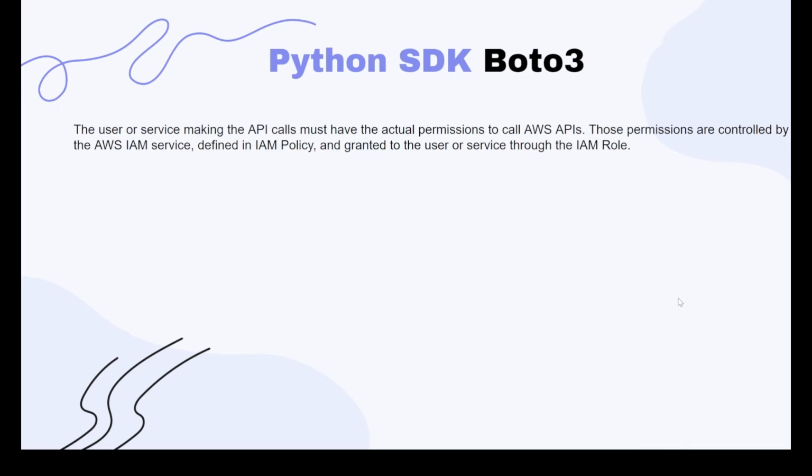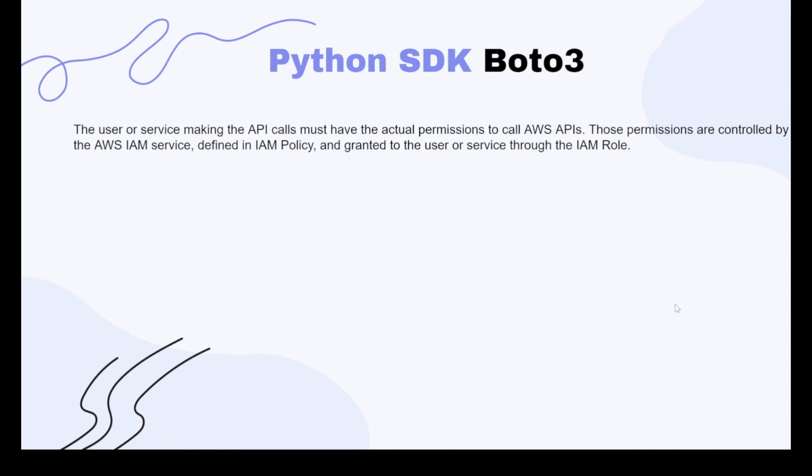These API calls must have the actual permissions to call AWS APIs. Those permissions are controlled by the AWS Identity and Access Management service, the IAM policy.